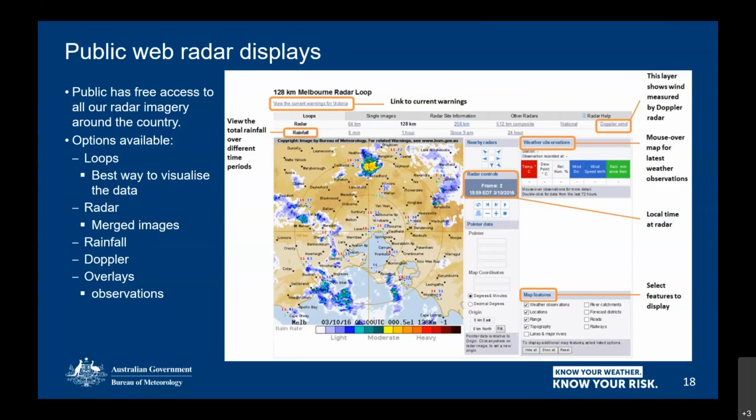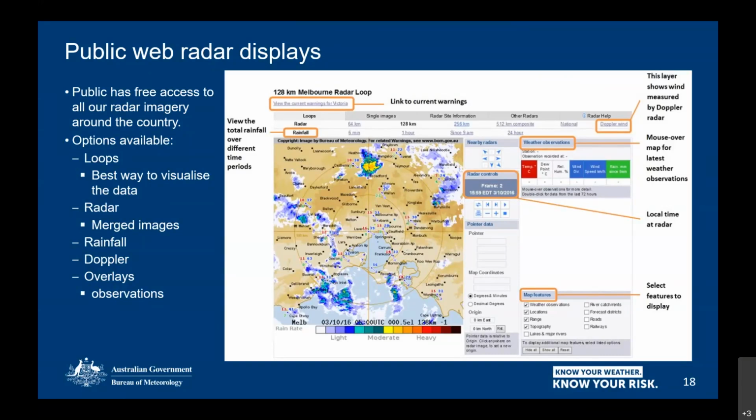So we have the 64-kilometre image, the 128-kilometre image, which is what we're looking at right now, the 256, and then the 512-kilometre composite. So the 3 smaller ones, they're all going to be of that particular radar that you have selected. So this one is Melbourne. But if you click on the 512, that's actually a merged image.